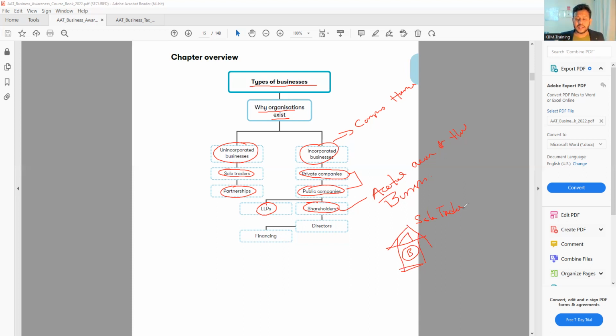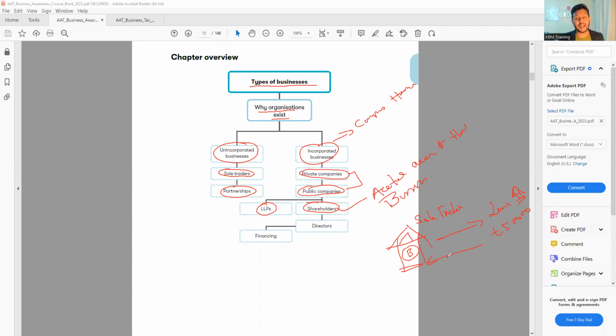What does that mean? That means, for example, if I take a loan from the bank, let's say £50,000, and I use this loan in my business, and for some reason, I lose all the money. I have no money to pay back that loan to the bank, and somehow the business is making a loss, and I lost all the money I took as a loan.